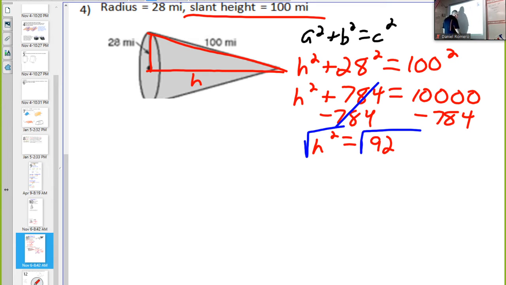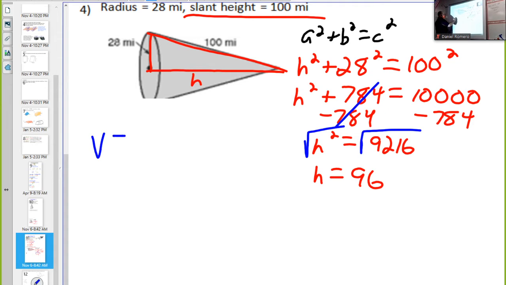Is that a perfect square? Oh, yeah, it is. Perfect. Get it? The square root is 96.